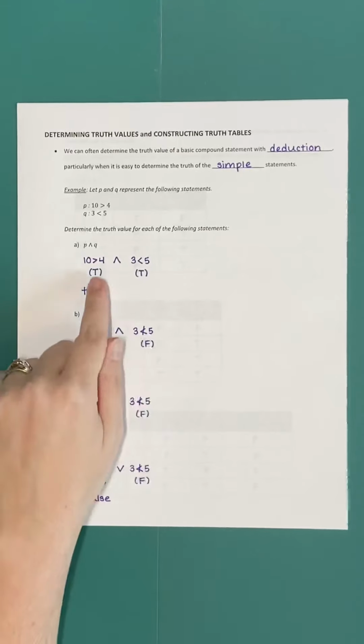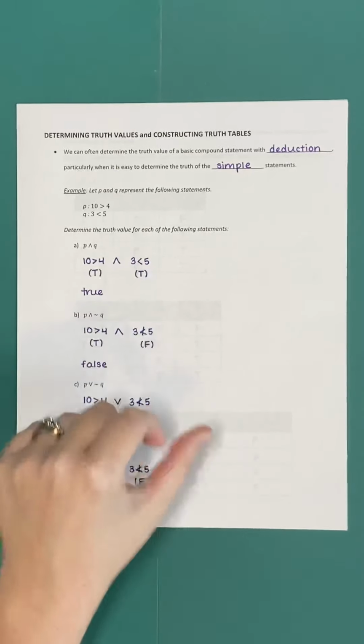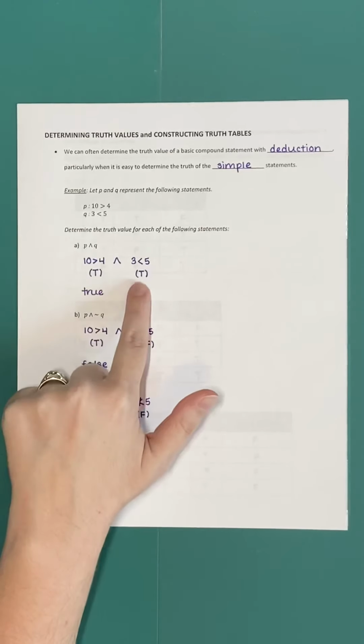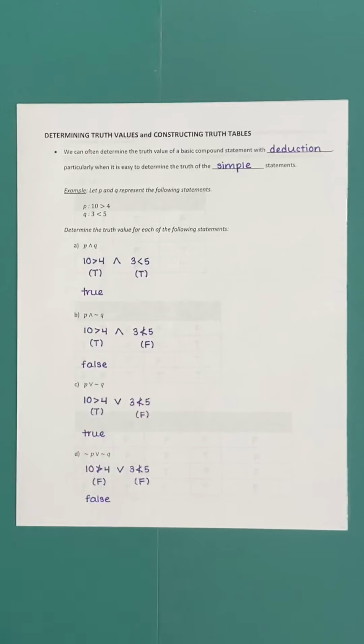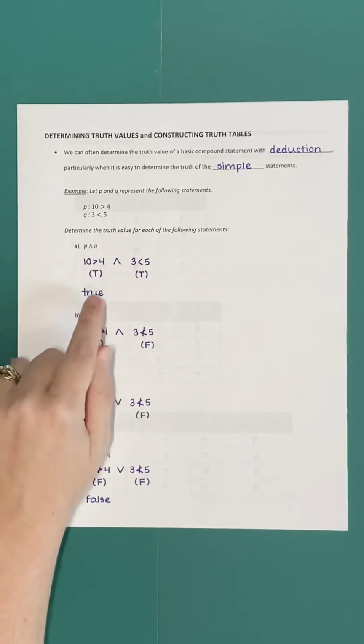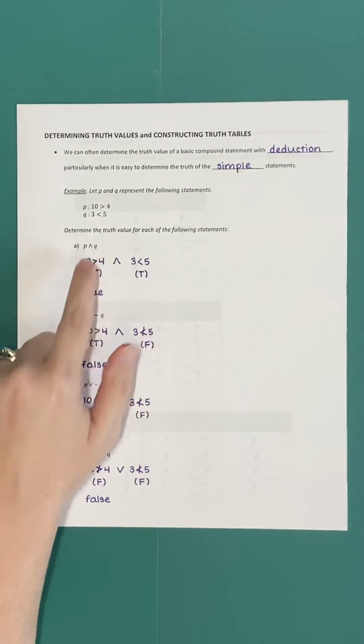So in this case, P and Q is the same thing logically, in terms of the truth values, as saying true and true. Well, we know the outcome whenever we have one and the other. As long as they're both true, the outcome is going to be true. So that means this whole statement has the value true. This statement would be true just based on the original statements we're combining together.